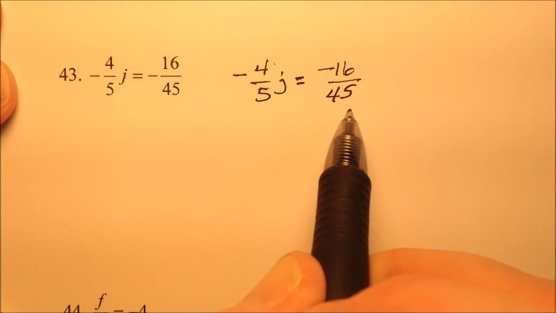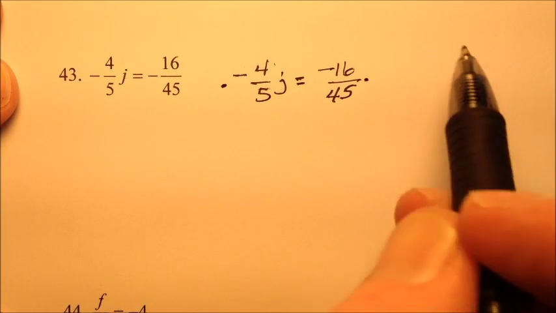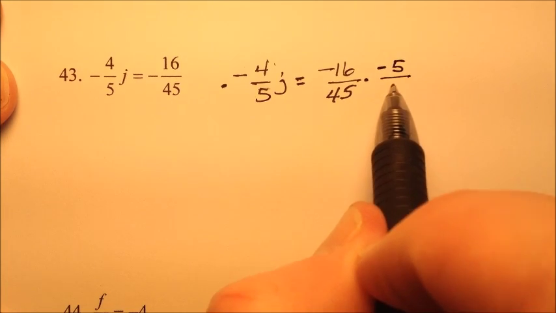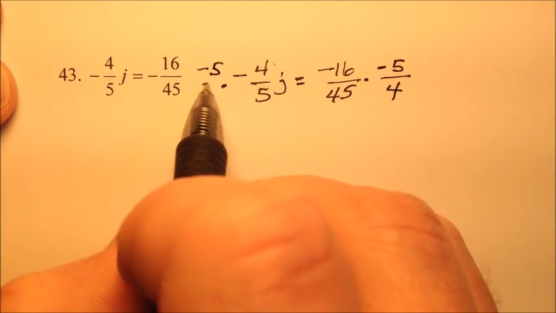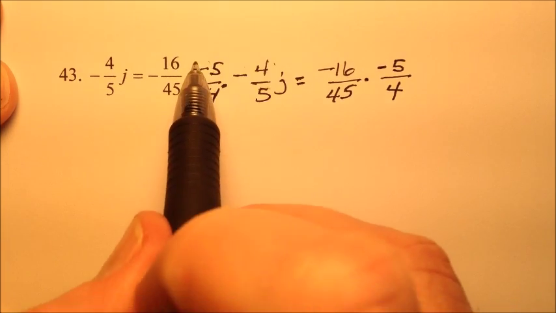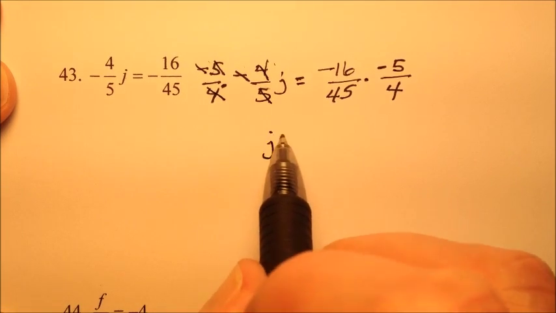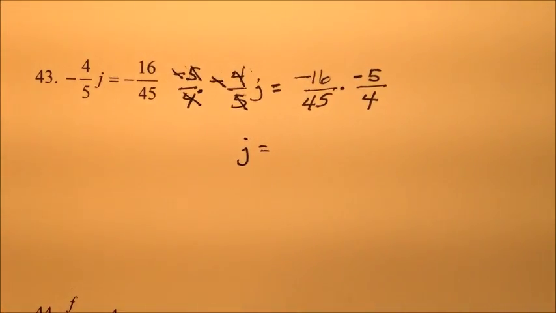But recall, again, when you're dividing by a fraction, you're really multiplying by the reciprocal. So we're going to multiply both sides by -5/4. And in this case, you must use the negative, because then the negatives cancel, and the 5's cancel, and the 4's cancel, and j is all by itself now.